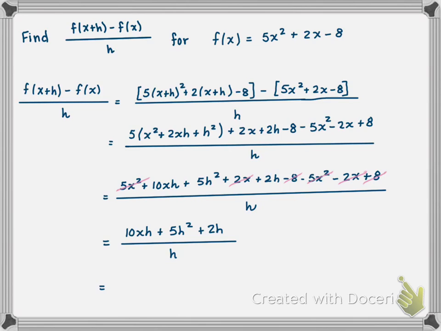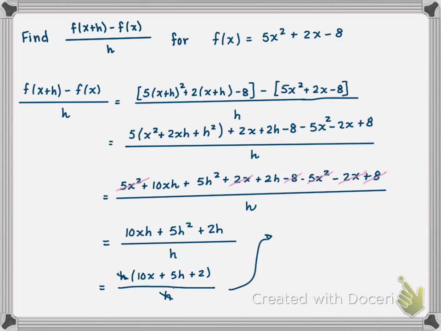So again, you can factor an h out, or you can just divide every term by h. Either one will give you 10x plus 5h plus 2 over h.